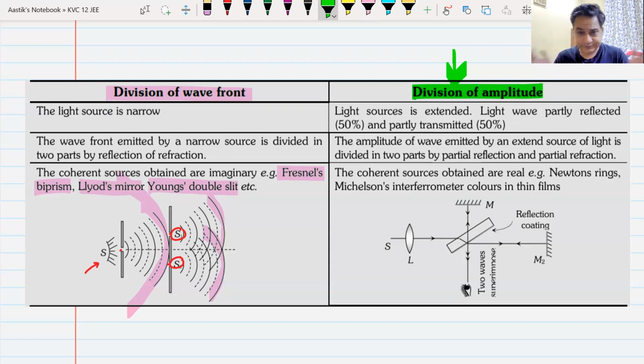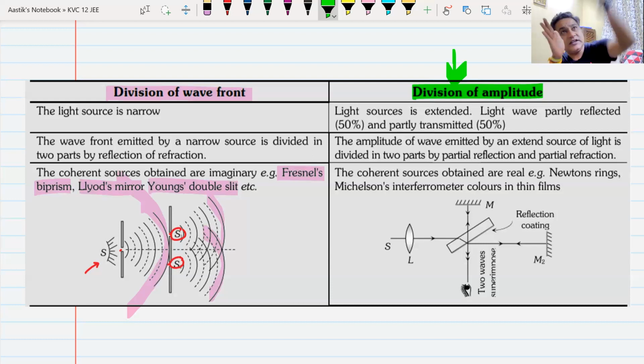If we produce coherent sources by partial reflection or partial refraction, those coherent sources are known as coherent sources produced by division of amplitude, because the amplitude of the wave gets divided.